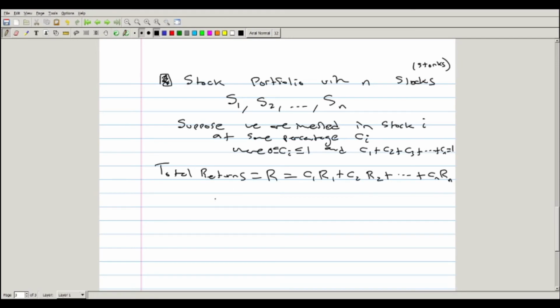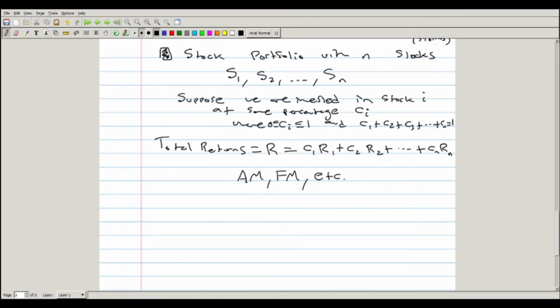The areas of interest here would be general applied mathematics, specifically financial mathematics, and other areas similar to it. But really, anyone with a stock portfolio is trying to maximize their returns. So this is a very good example.